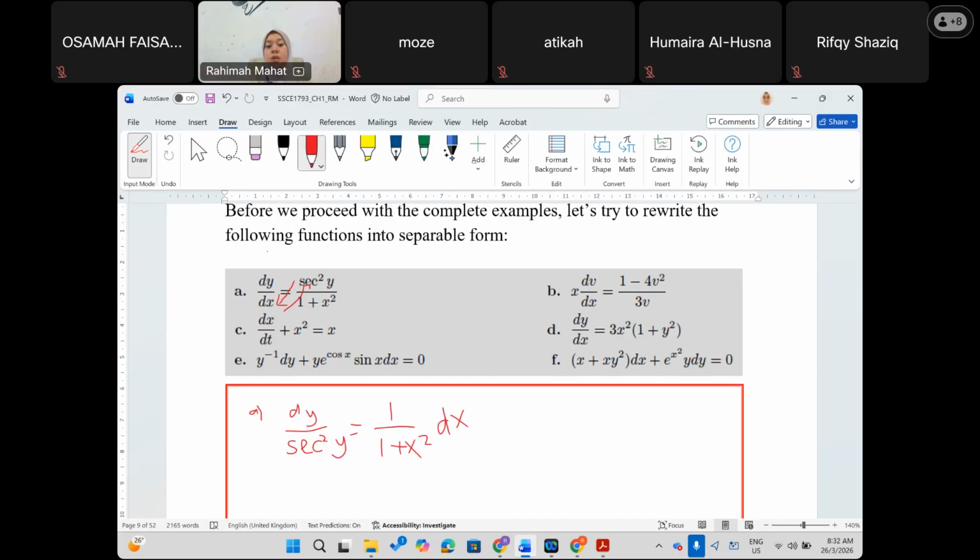Then after that, you do the second step, which is the integration.